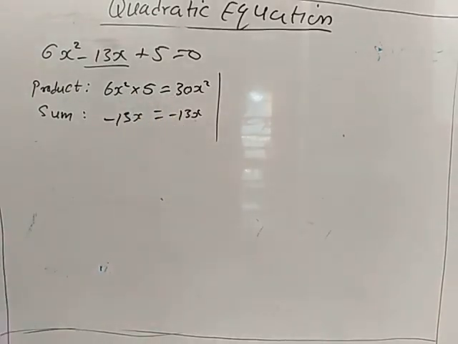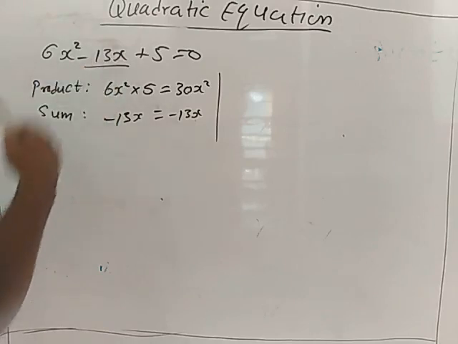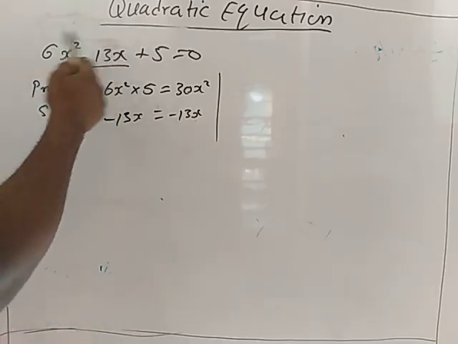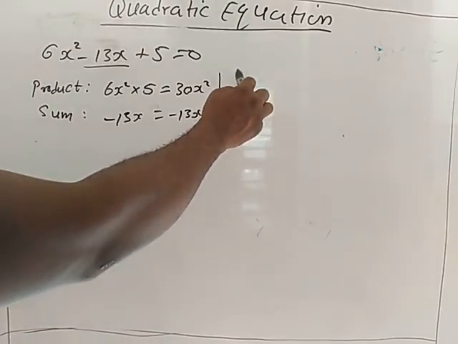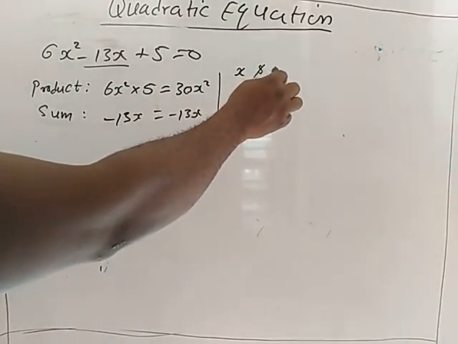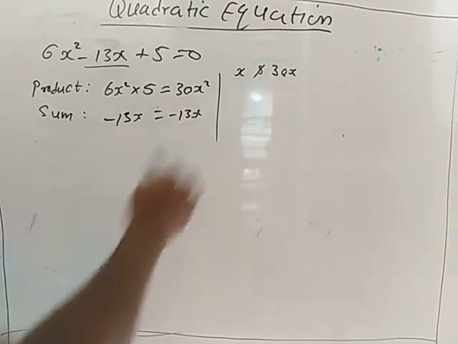Now, how do we get our two numbers? To get the two numbers which we will use to replace this one, we list all the factors of the product. And what do we have at our product? We have 30x squared. Now, we list all the factors of 30x squared. So, we start from x and 30x.